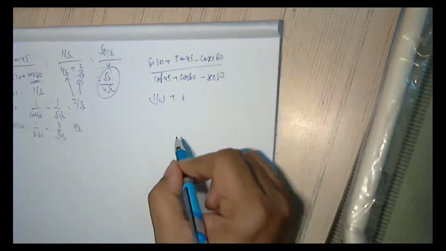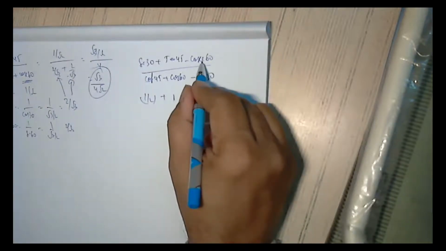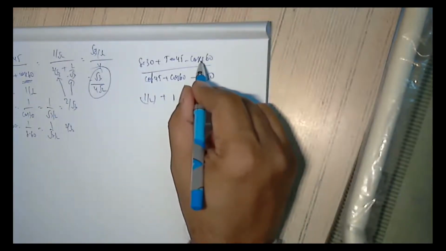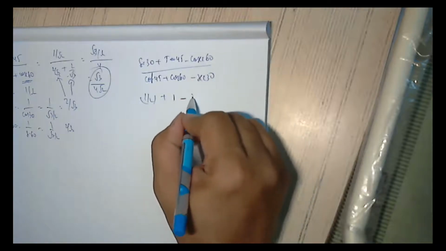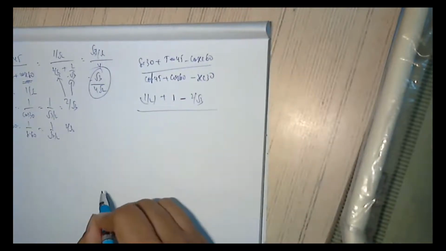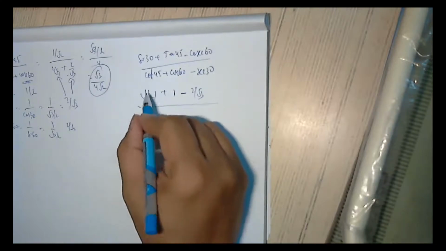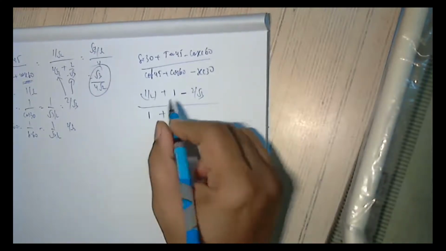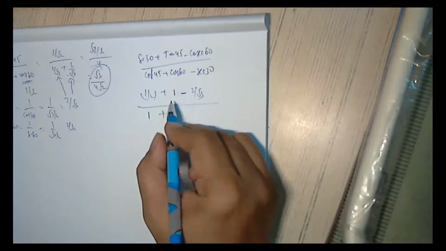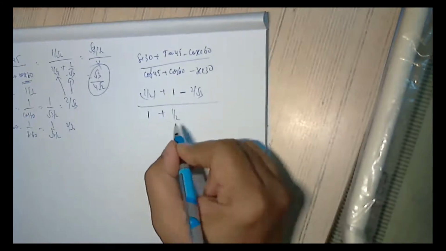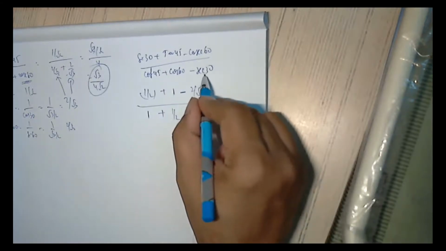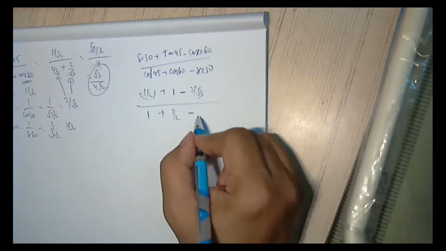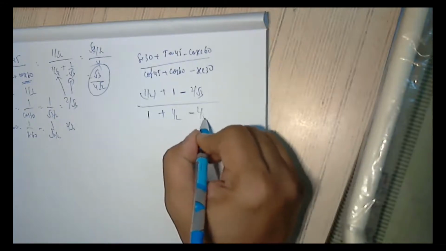Tan 45 is 1. Cosecant 60 is 1 by sin 60, so 1 by root 3 by 2, so 2 by root 3. Cot 45, tan 45 is 1, so cot 45 is also 1. Cos 60 is 1 by 2. Secant 30 is 1 by cos 30, which means 1 by root 3 by 2, so 2 by root 3.